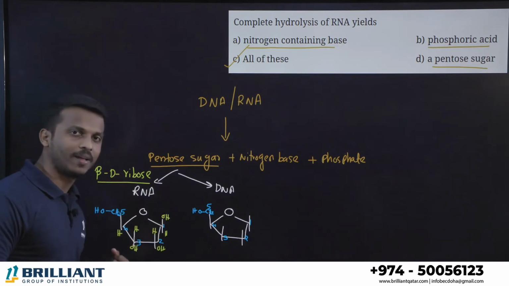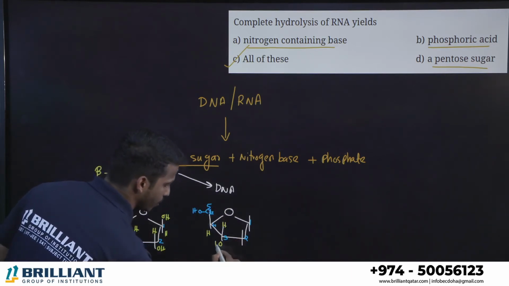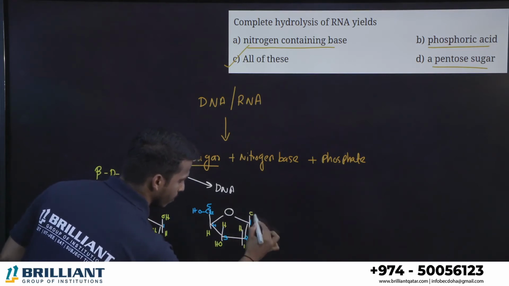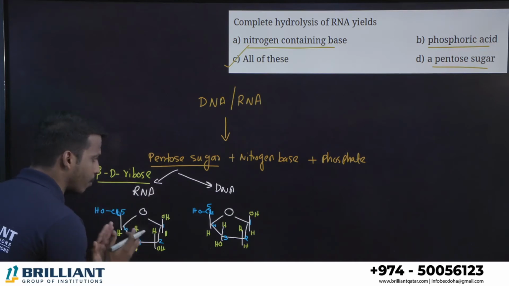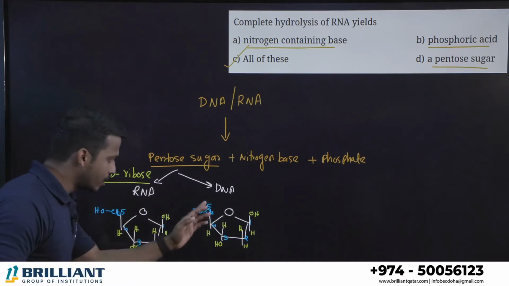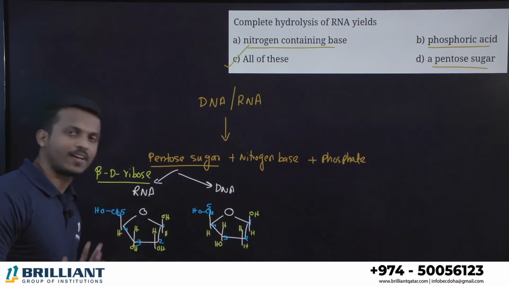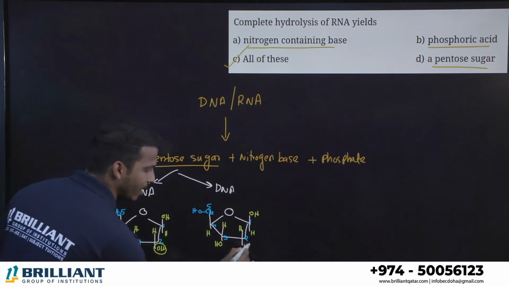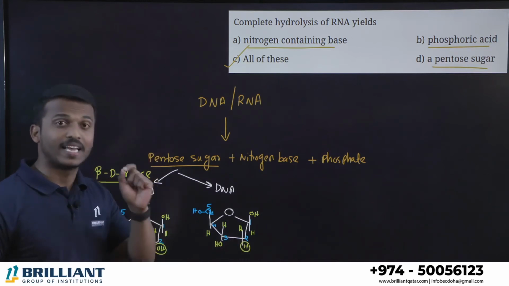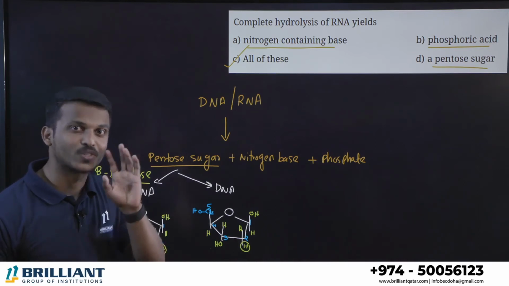What about DNA? DNA, a small change, dear all of you. What is the major difference between this beta-D ribose and this compound? Fourth carbon clear, third carbon, okay. Second carbon atom you can see, here it is an OH group in RNA, here it is H, which means second position doesn't contain oxygen.